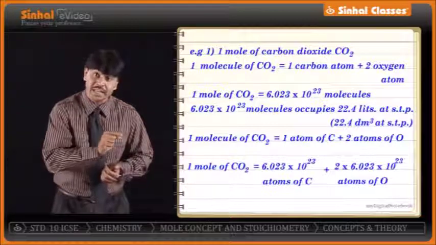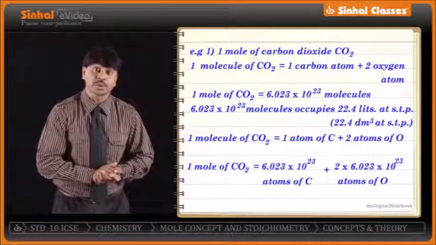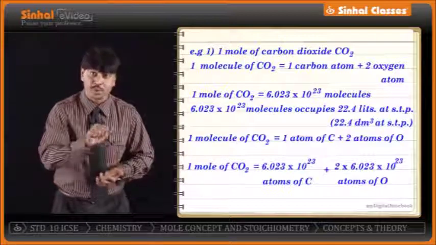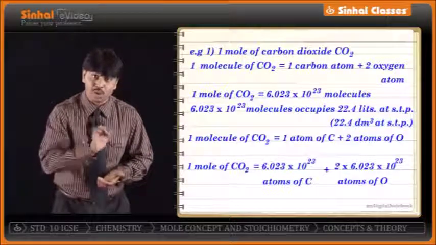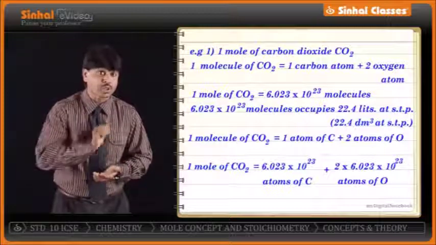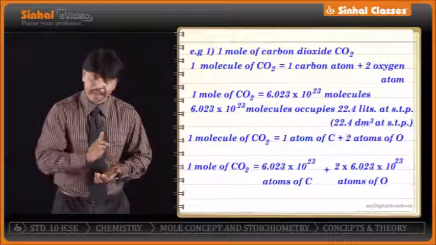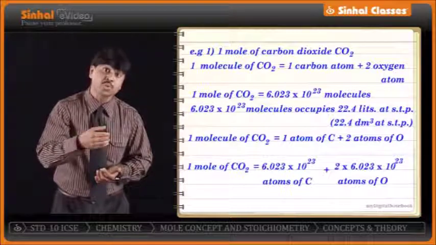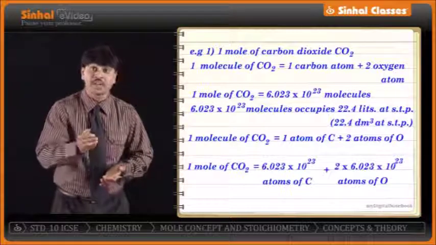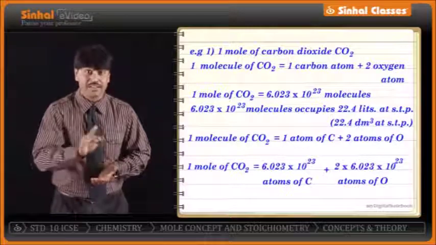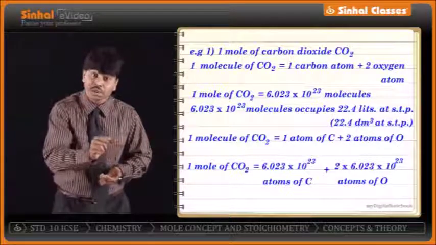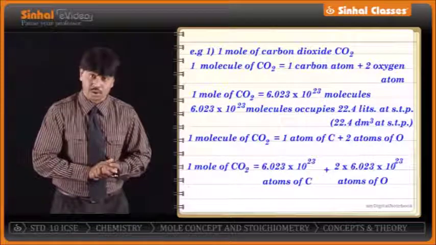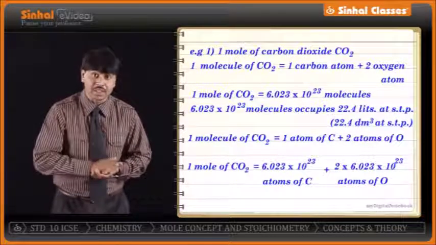It will be 1 × 6.023 × 10^23 atoms of carbon. What about oxygen? In 1 molecule there were 2 atoms, right? So if there are 6.023 × 10^23 molecules, how many oxygen atoms will there be? It is 2 × Avogadro's number, that is 2 × 6.023 × 10^23.